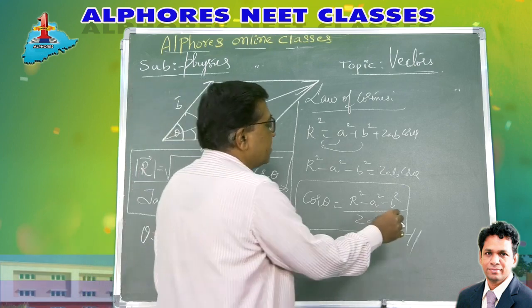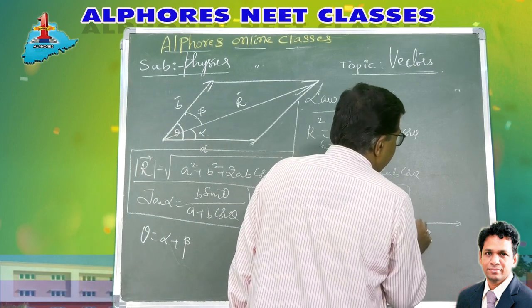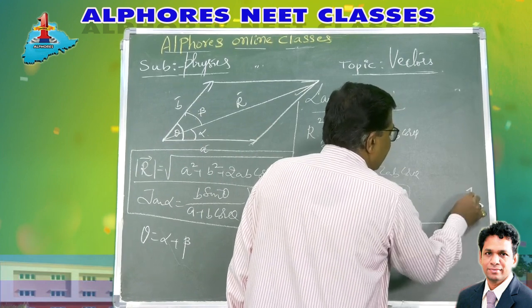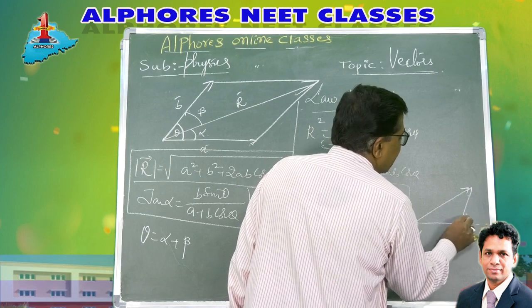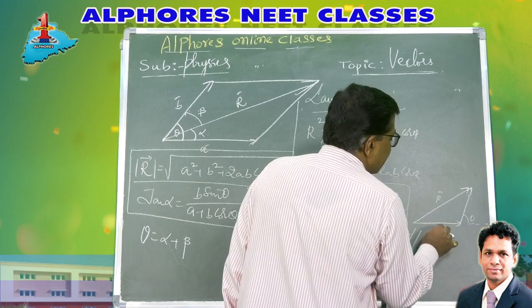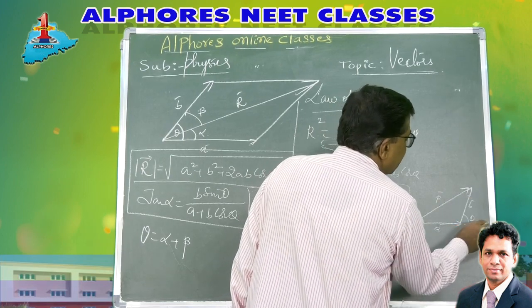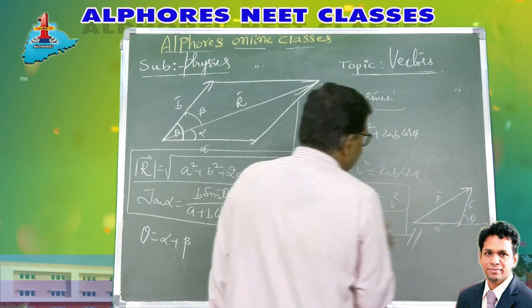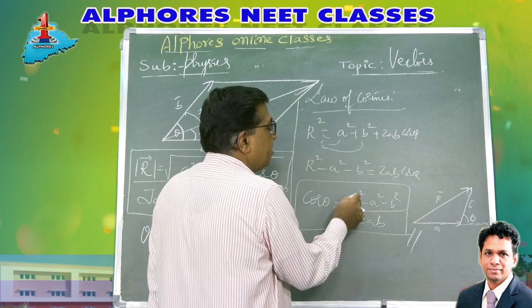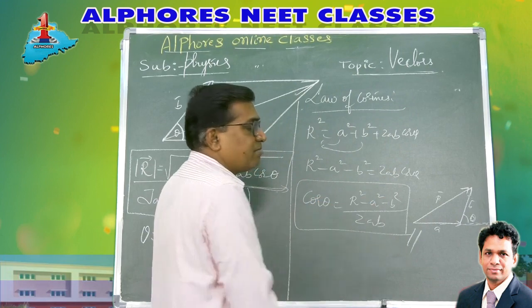Two vectors: this is the A vector, this is the B vector, and this is the resultant vector. Then the angle between the vectors, theta: if this is R, this is A, this is B, and I extend A this side to make them co-initial, this is theta. Then cos theta you can write as R square minus of A square plus B square by 2AB.